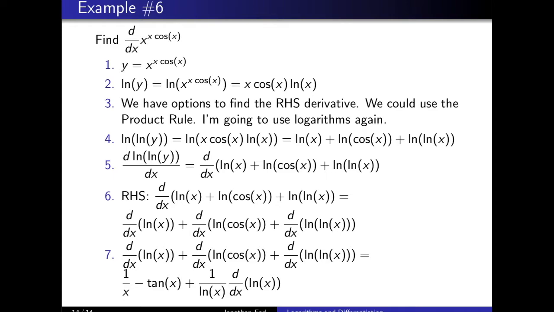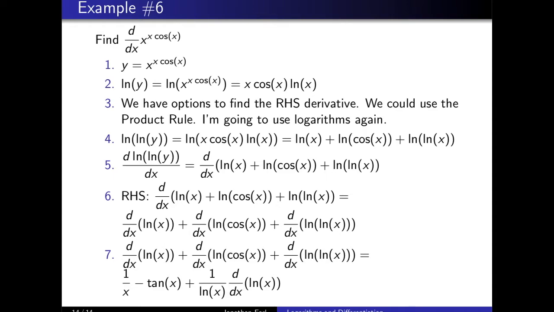Okay, so on the right-hand side, we have the derivative of ln of x. Well, we know that that one is 1 over x. We have the derivative then of ln cosine of x, and a few problems ago we found that that's minus tangent of x. And then we have the derivative of natural logarithm of x.